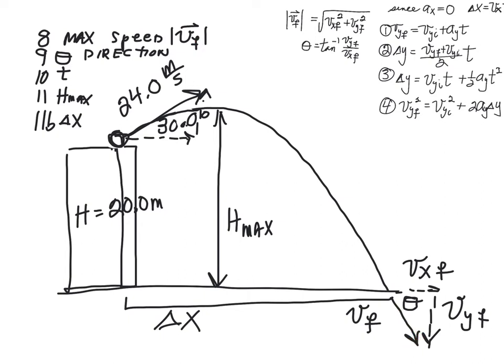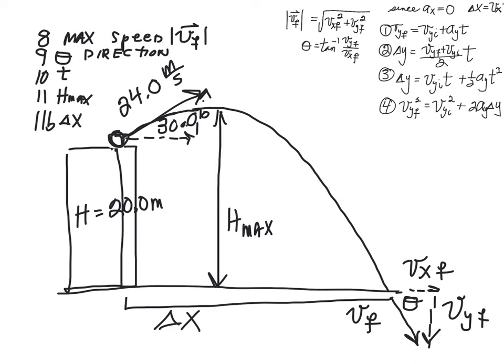And we just did that, so we know how to find that, right? This squared plus this squared, square root. And that's the first question, number 8. And number 9 is the angle, and we know how to find that because we already did it. But we have to find these two things.